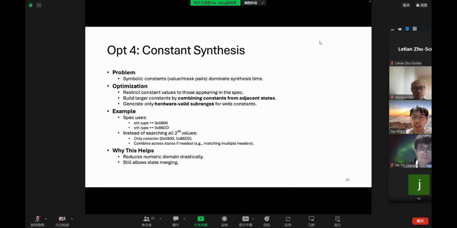So instead of synthesizing arbitrary values, ParserHawk restricts constants to the values that explicitly appear in the specification, and the valid hardware-compliant subrange derived from lookahead windows and limits. For example, if an ETH type is compared against 0800 or 86DD, the solver never considers other values. This collapses the numeric domains into a small and semantically meaningful set.